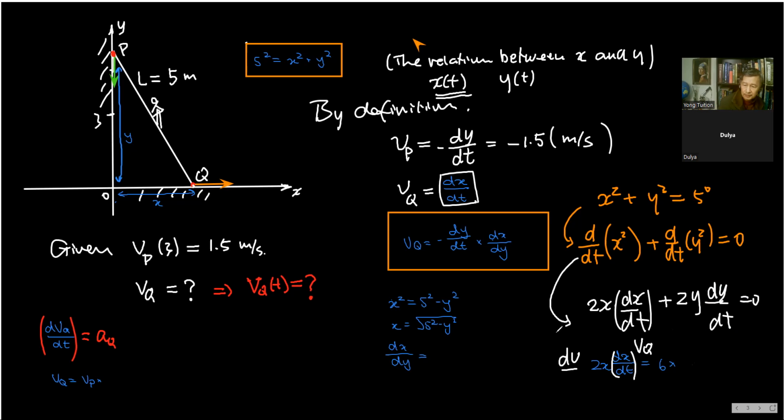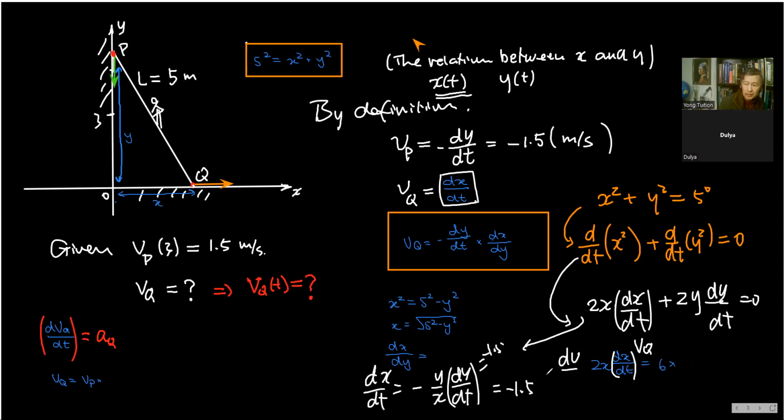But can we solve this first? dx dt is equal to negative, we cancel the 2, y divided by x times dy dt. This is equal to negative 1.5.